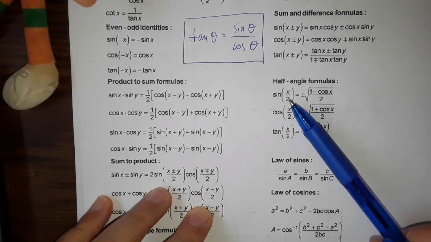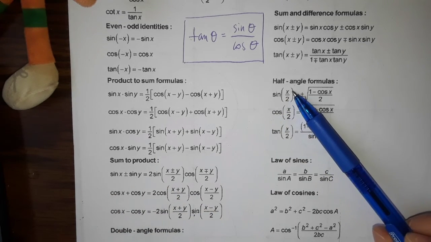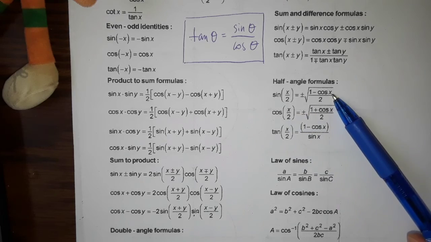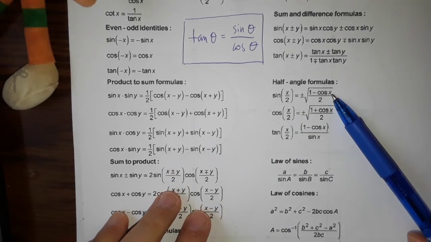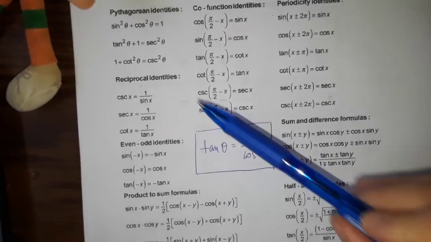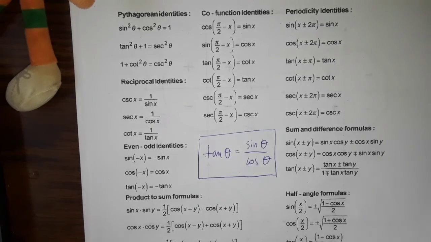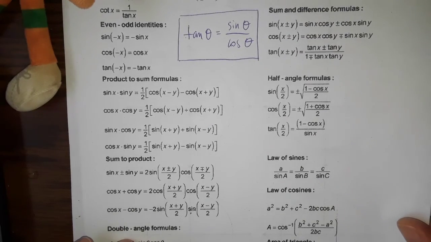So again, if you're trying to find sine of theta over 2, you will need cosine. If you don't have cosine, you can use any of these or the Pythagorean one to find the missing one. So it's just the same game over and over. I hope it helps.